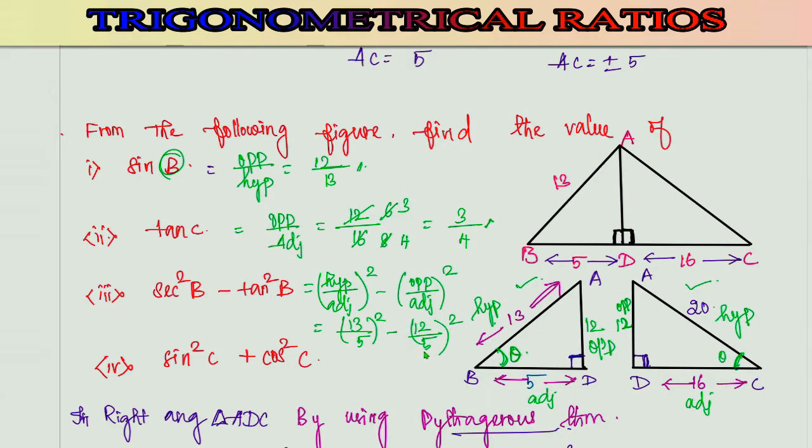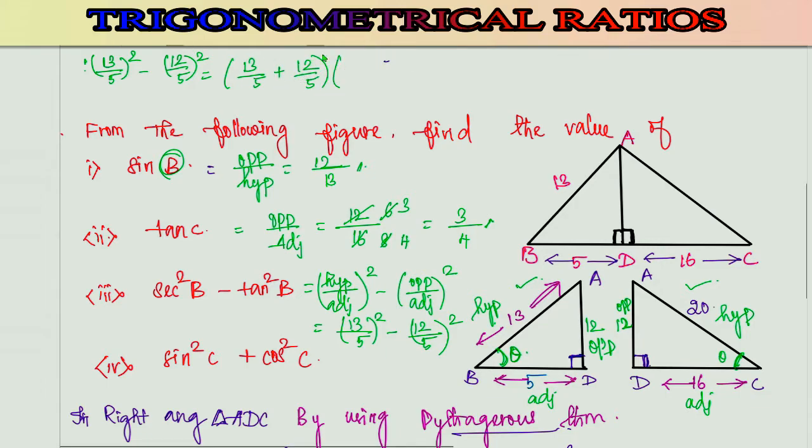Now I am going to do the simplification here. You have 13 divided by 5 whole square minus 12 divided by 5 whole square. This is in the form of a square minus b square, whose formula is (a plus b) into (a minus b). So it is 13 by 5 plus 12 by 5, into 13 by 5 minus 12 by 5.